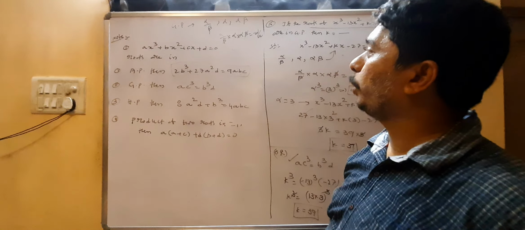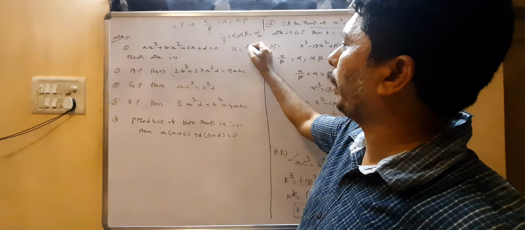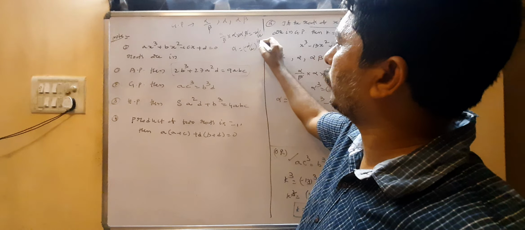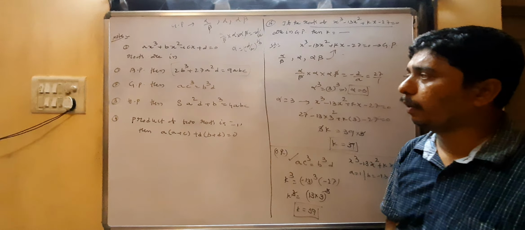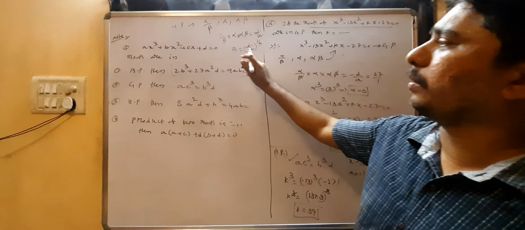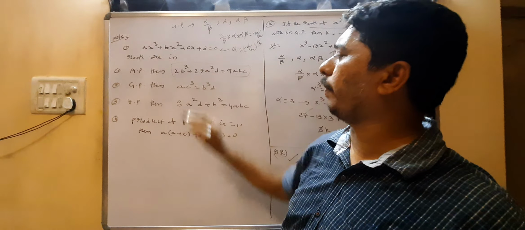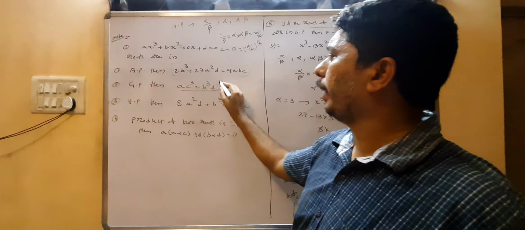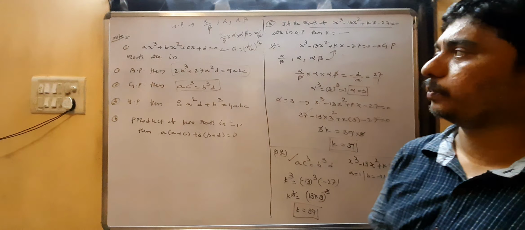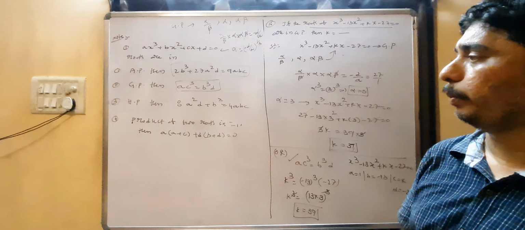Then alpha cube equal to minus d by a, then alpha equal to minus d by a whole power 1 by 3. This is the root of the given equation. Substitute in the given equation, we get the condition AC cube equal to B cube D.